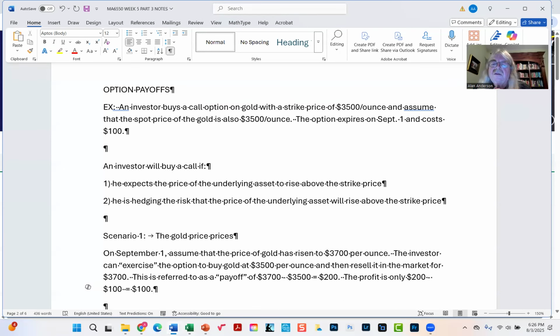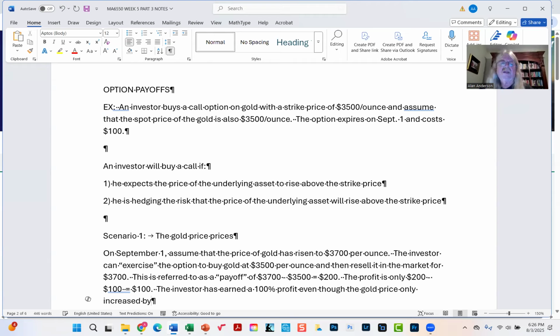All right. So the investor has earned a 100% profit, even though the gold price only went up. How much was that? 200 out of 3,500. That's not much. 5.7%.